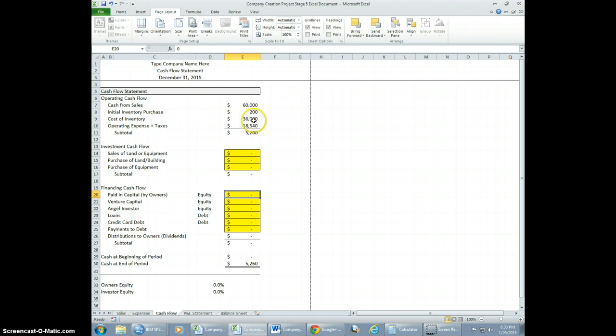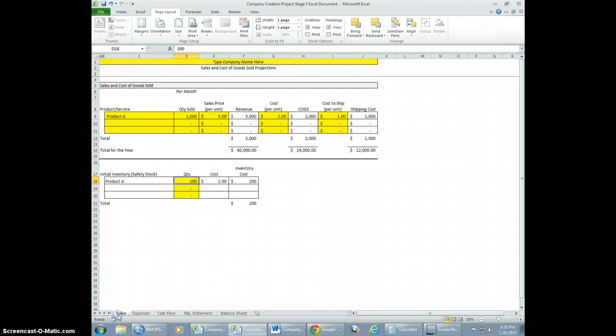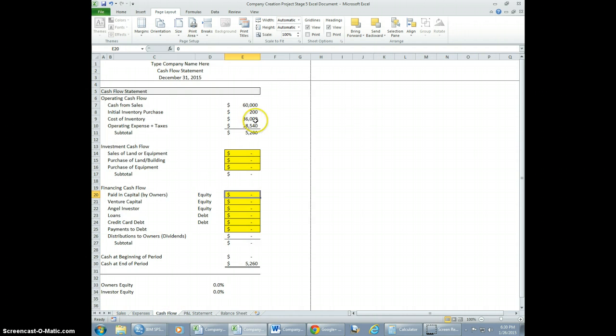This initial inventory purchase correlates again to this portion of the spreadsheet. That number of $200 is right here. It's how much money that you anticipated spending on that initial inventory cost based on your quantity and the cost of inventory. So that's where that 200 comes into play.